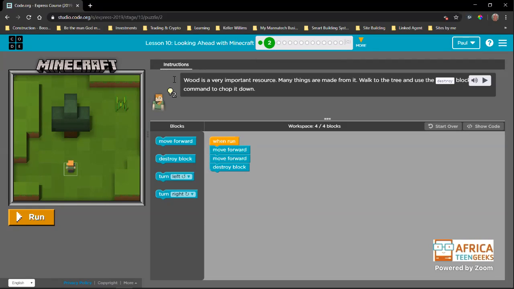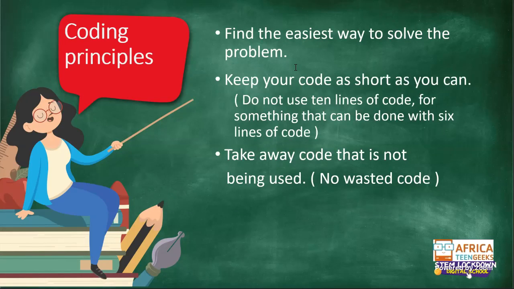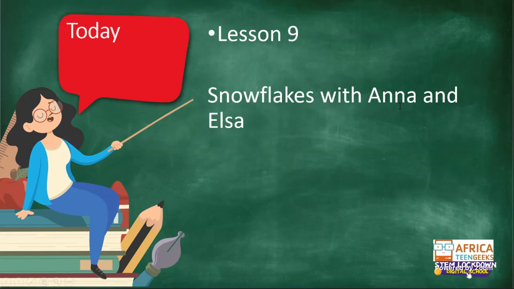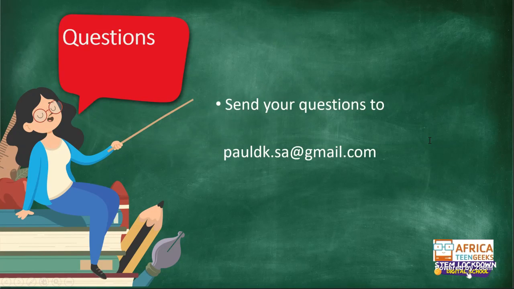I just want to go back to my PowerPoint presentation here. Okay, so lesson 9, we did snowflakes with Anna and Elsa. And you can send your questions here. You can go back to that if you would like to. I'm just going to put a random puzzle in here. Okay, in the chat box there is a puzzle.